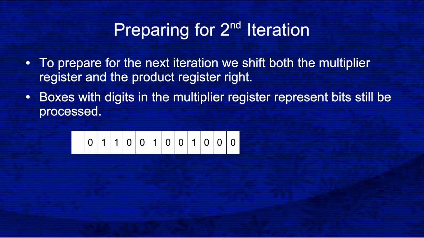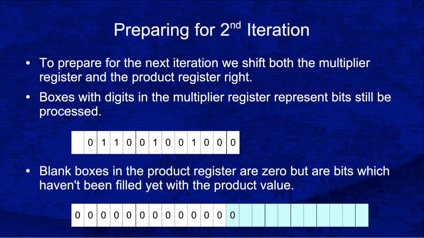Boxes with digits represent bits in the multiplier which haven't yet been processed. After shifting the product register right, this represents the current state of the product register. Blank boxes represent bits which are 0, but haven't yet been computed by Booth's method.